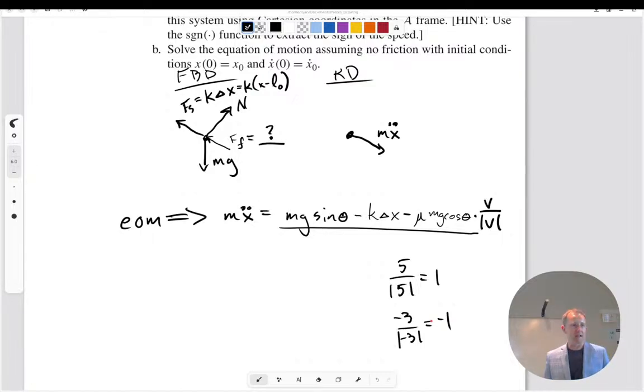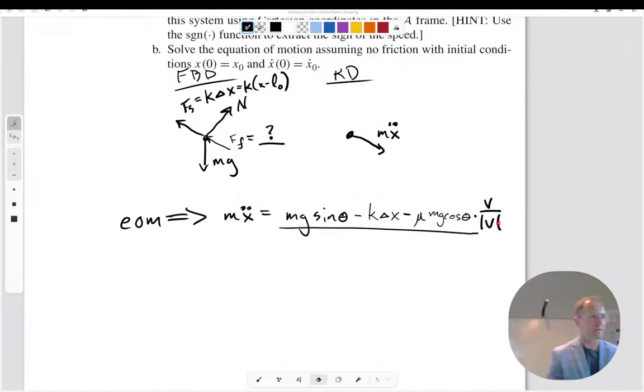So that sgn value is just another way, usually written as v over absolute value of v. So you get the direction, but not the magnitude, and it's not changing the value of your actual force. It just flips from positive to negative depending on whether we're moving forward or backward.